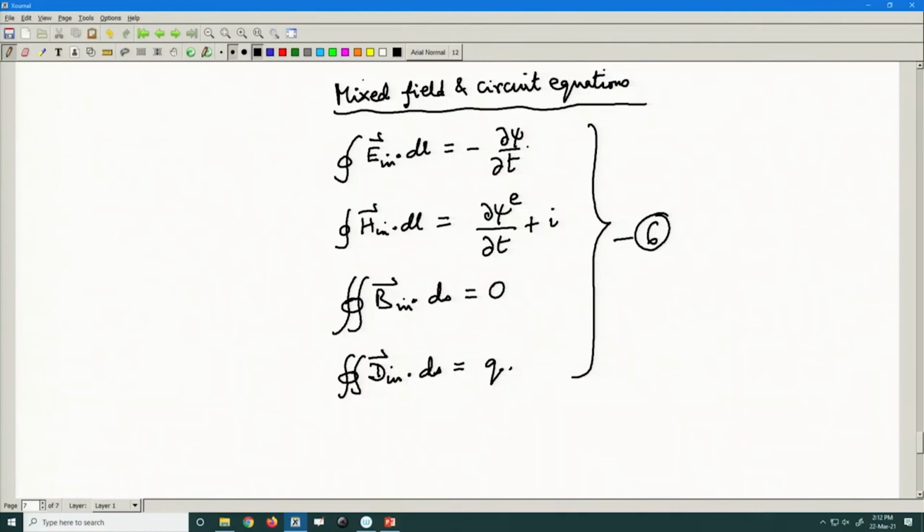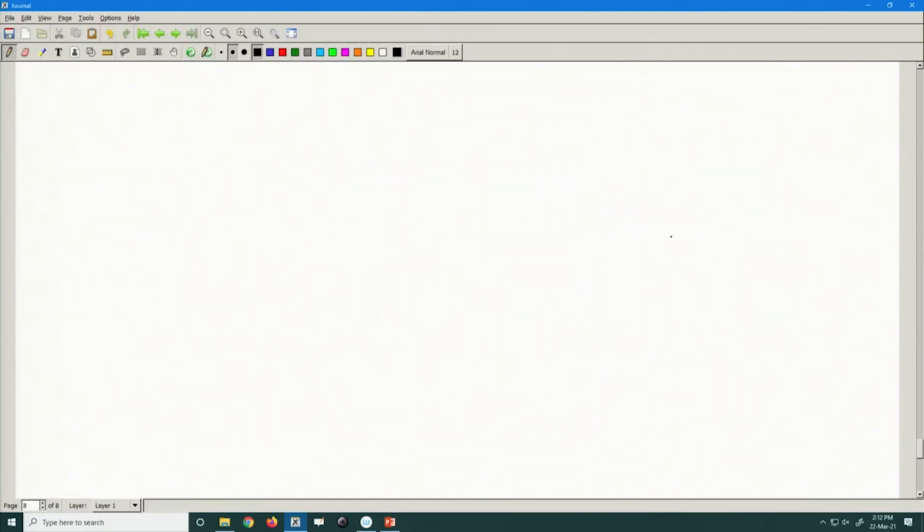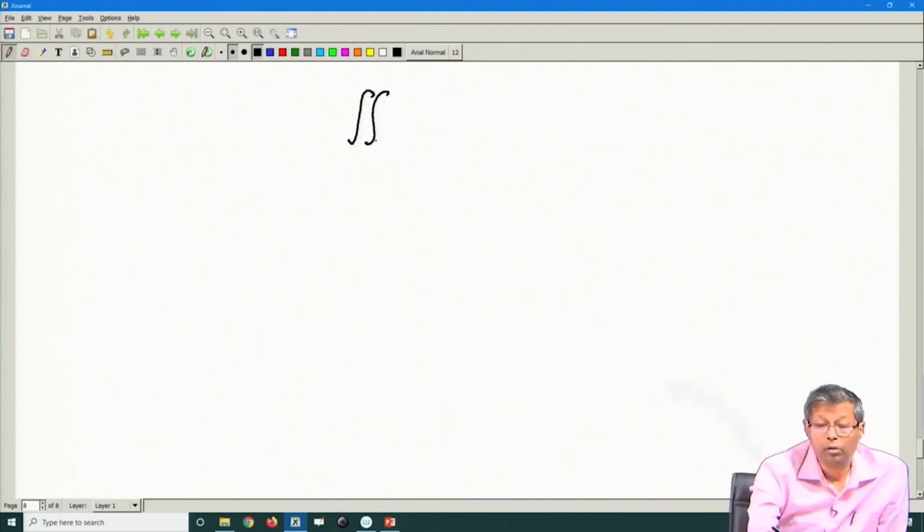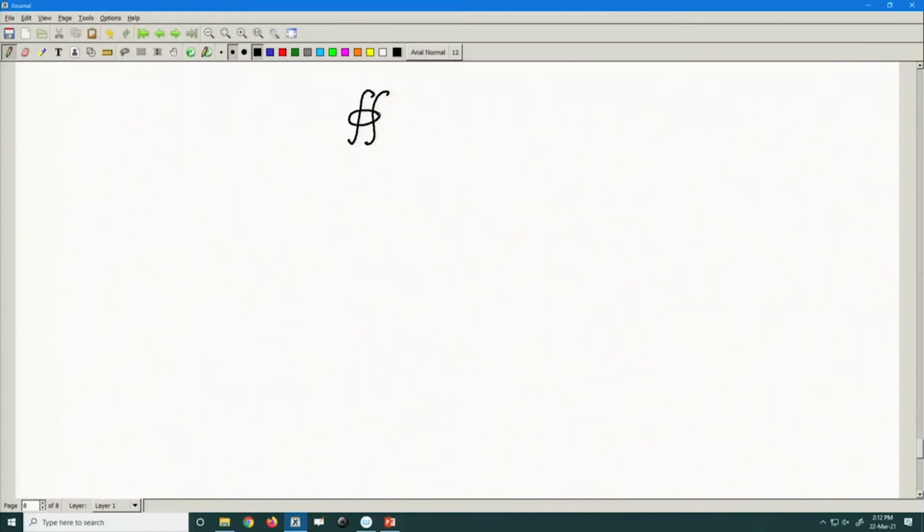Going back to equation number 2, using the divergence theorem, we have the closed double integral of J in dot ds, and if we take the triple integral of the right hand side, it becomes the total charge.